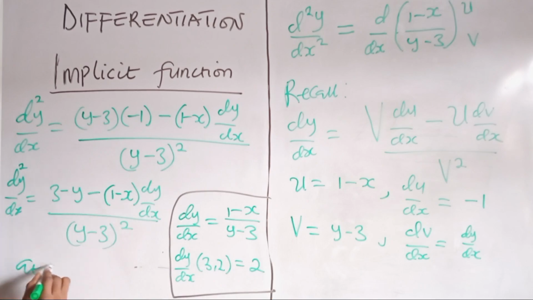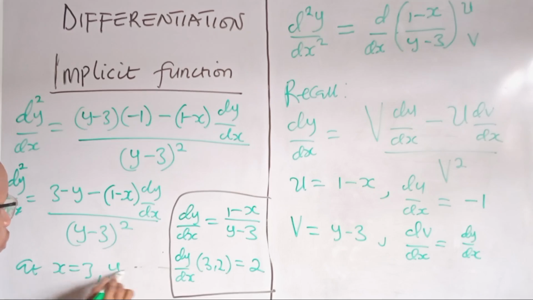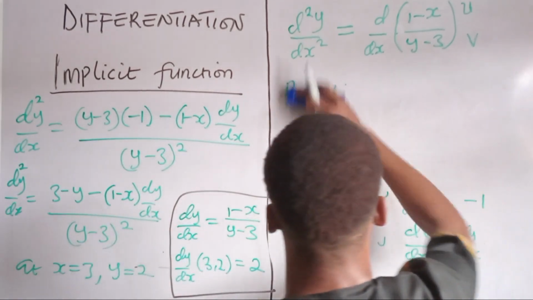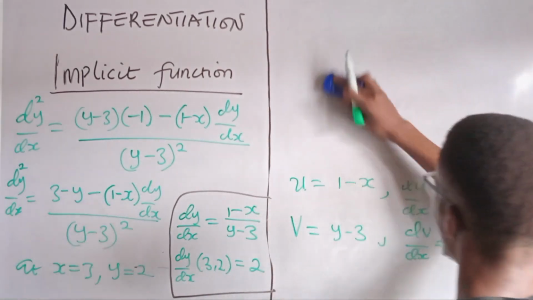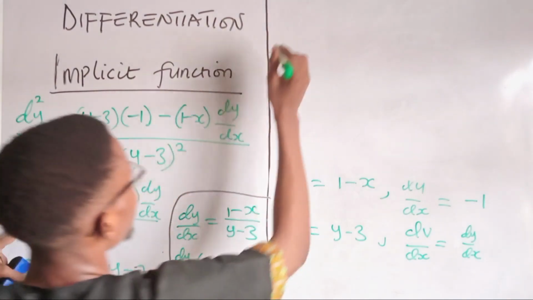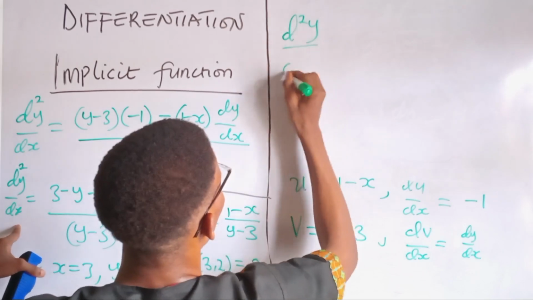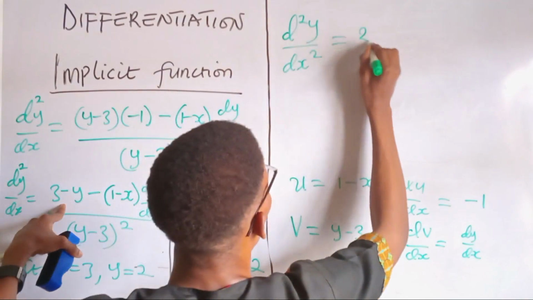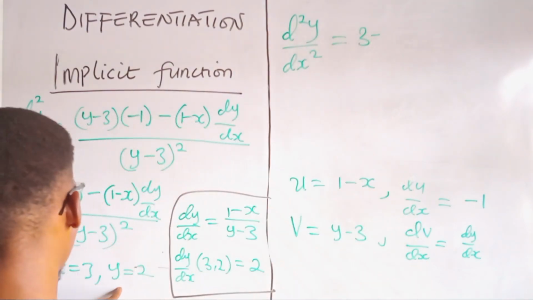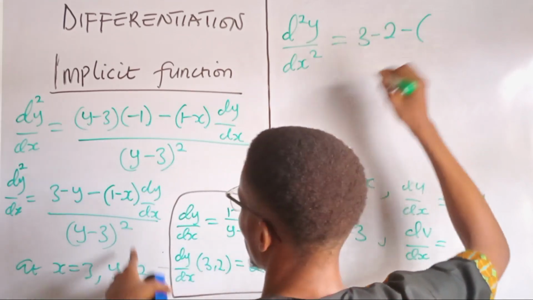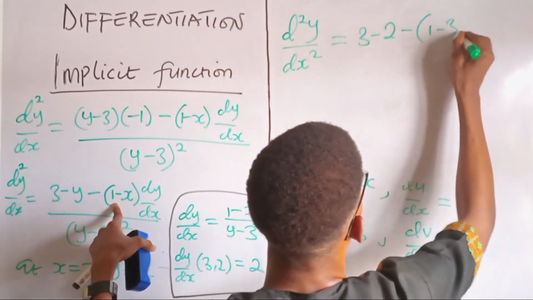So now you can solve this. At x equals 3, y equals 2. We have d squared y over dx squared equals 3 minus, then y is 2, you can say 2 minus bracket 1 minus 3.